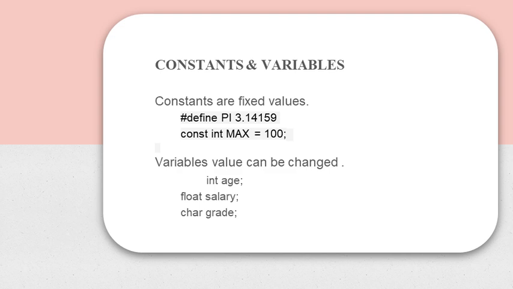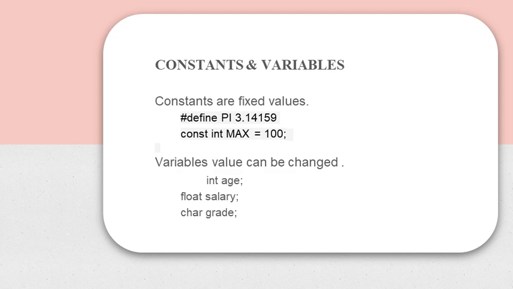In C, constants can be defined in two primary ways, using the const keyword or using the #define preprocessor directive. The const keyword is used to declare a variable as constant, meaning its value cannot be modified after initialization. And the #define preprocessor directive creates a symbolic constant where a name is associated with a specific value before compilation.